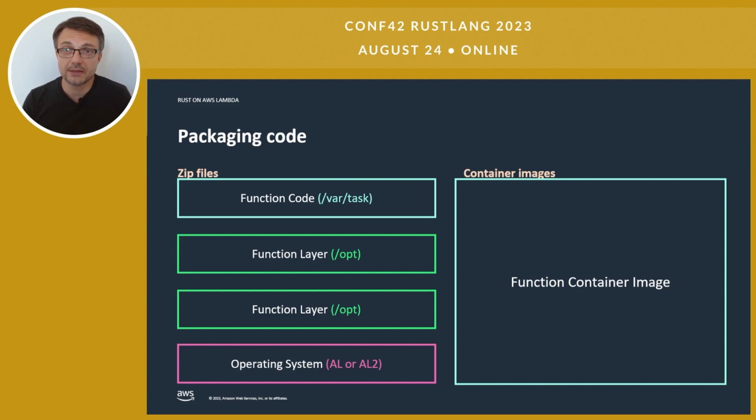In terms of Rust, in the end, you will have a binary, and this binary you can package both as a zip or as a container image. There are some differences, and usually I encourage you to start with zip because it is easier to implement and to deploy, unless you have some specific requirements where you need to use container images.